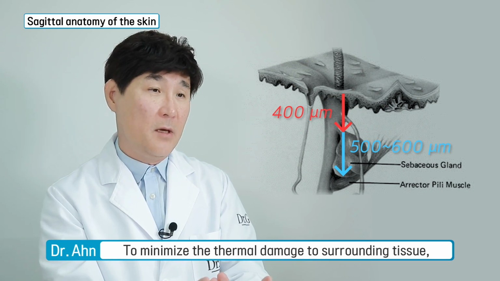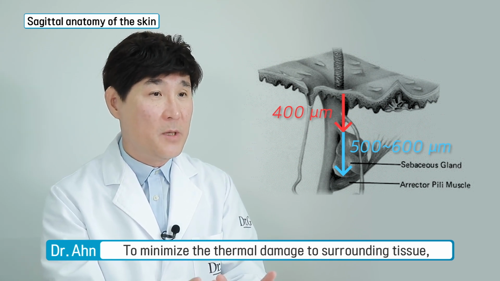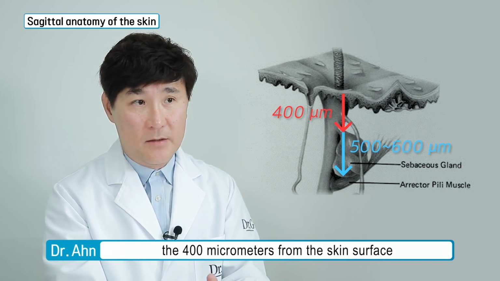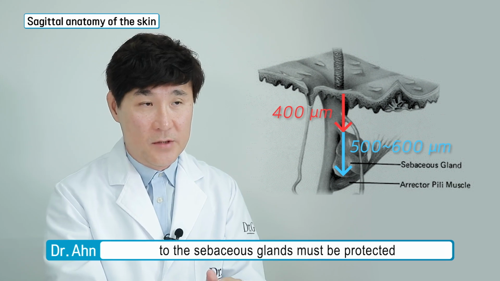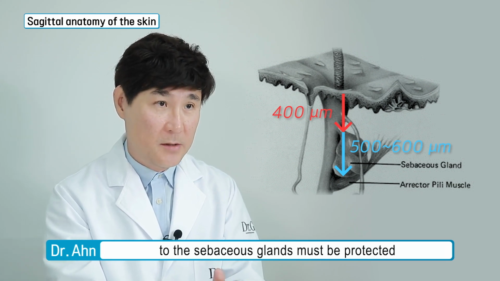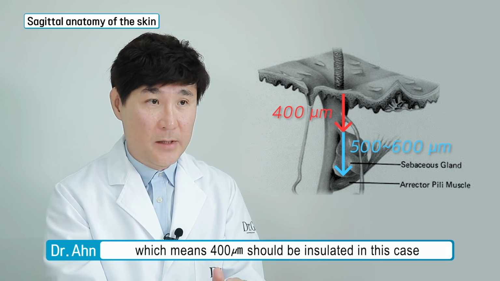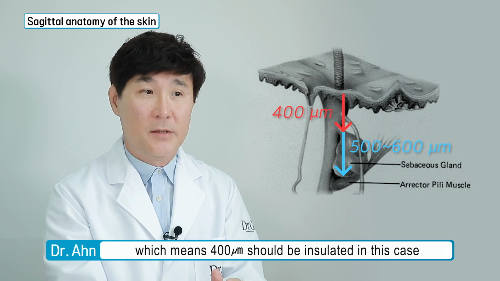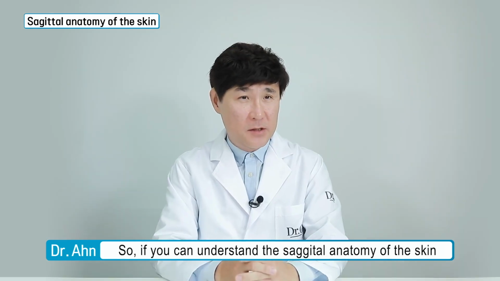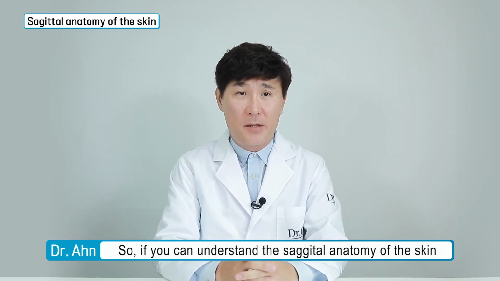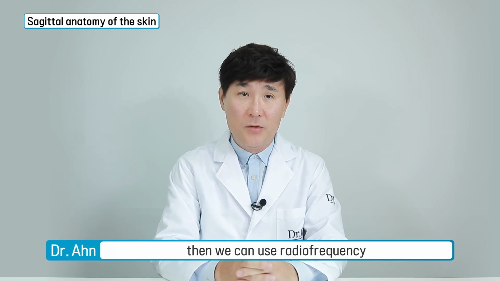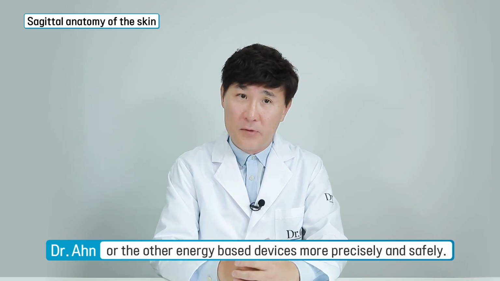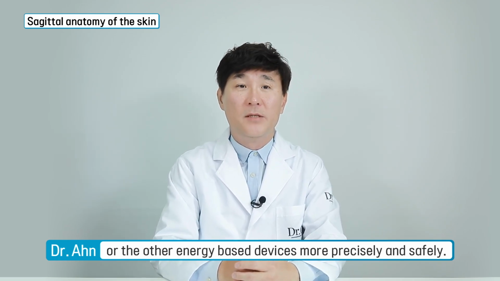And at the same time, to minimize the thermal damage to surrounding tissue, we have to protect the distance from the skin surface to the sebaceous gland, 400 micrometers, which means the insulated part should be 400 micrometers in this case. So if you understand the sagittal anatomy of the skin, we can use radiofrequency or other energy-based devices more precisely and safely.